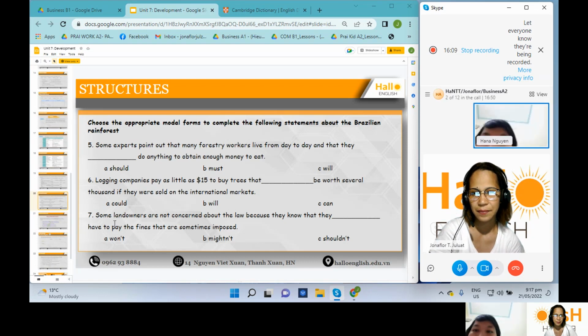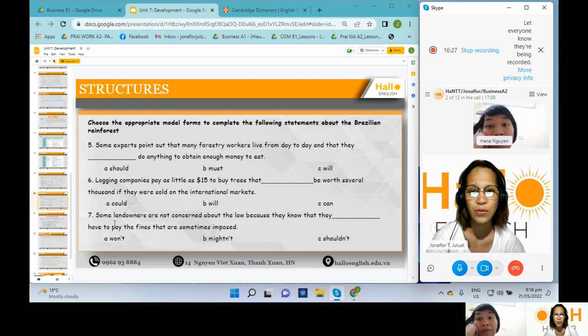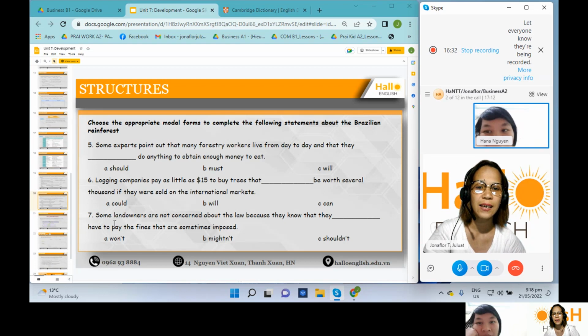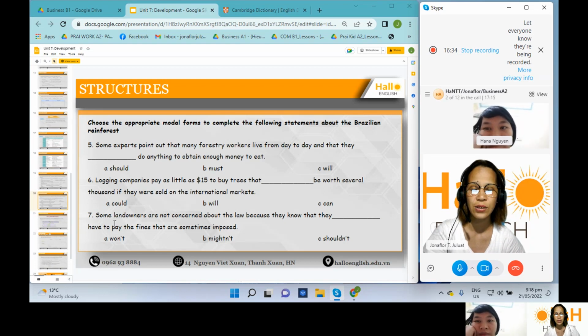They must do anything to obtain enough money to eat. I think it's must. Is it must or should?